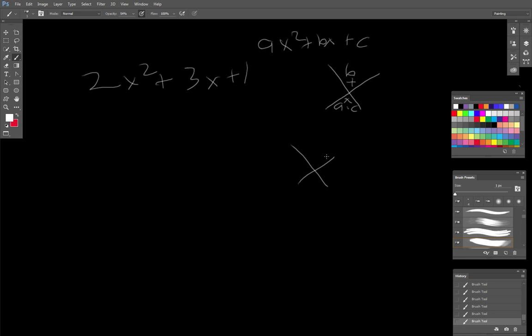So with this one, b is number 3, a times c, which is 2 times 1, is 2, and then after that, so what would multiply to equal 2? Well, we could say 2 and 1, which it does, and 2 plus 1 equals 3, and it does, so that does work there.